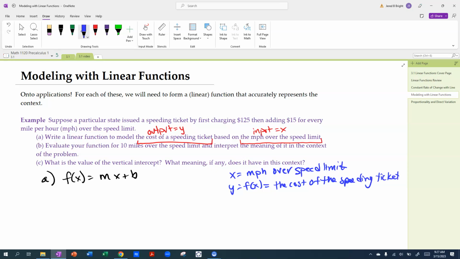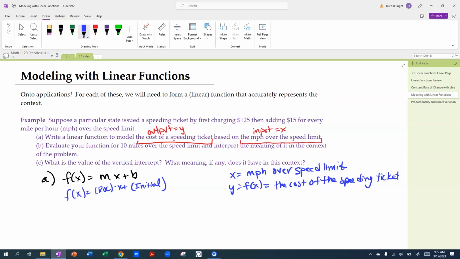Okay, so now that really helps, because then I can think about this as my rate of change times x plus my initial value, for f of x.